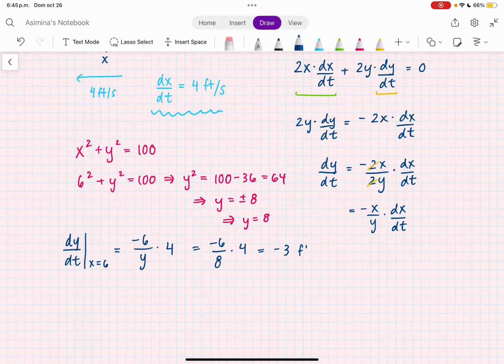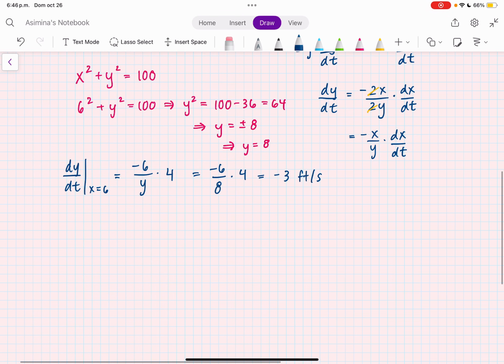This is feet per second. And the fact that this is negative means that the distance from the top of the ladder to the ground is decreasing at that rate.